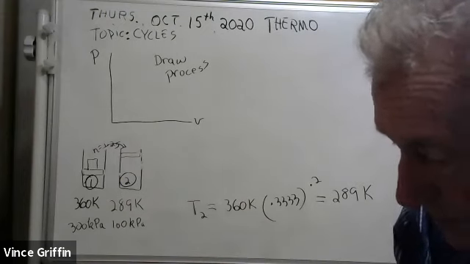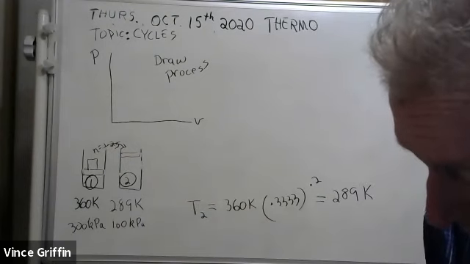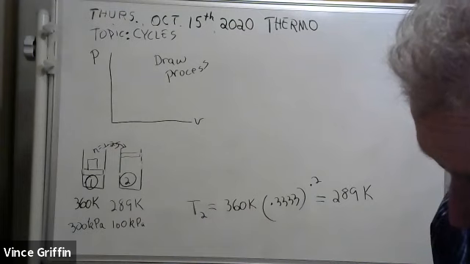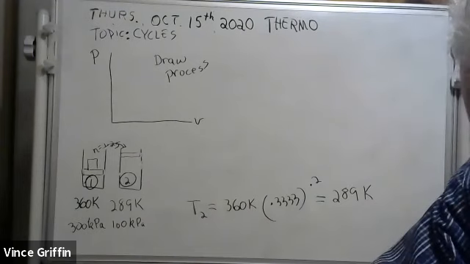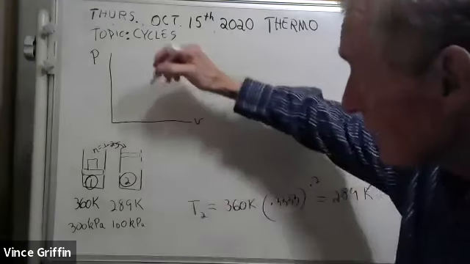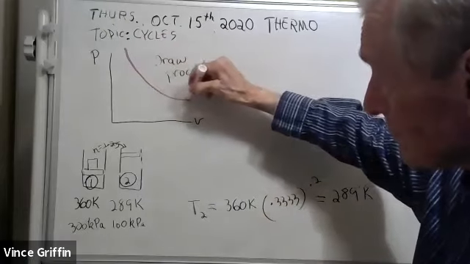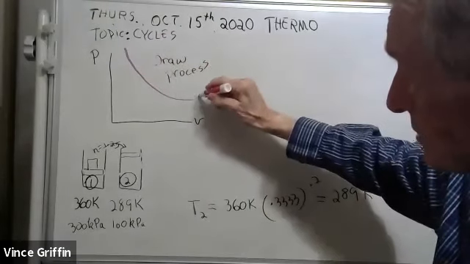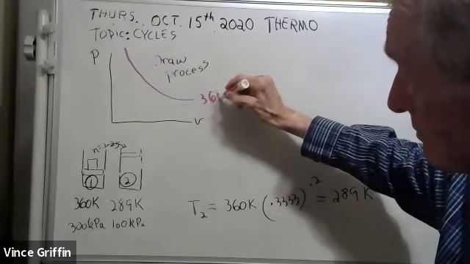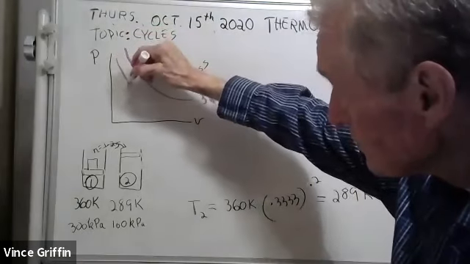Well, let's see what they look like. Now you're dealing with an ideal gas, and isotherms kind of go like this. The hot ones go like that. That's your 360 K. And then the colder ones go like this.